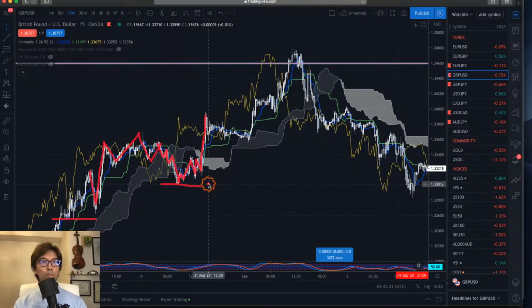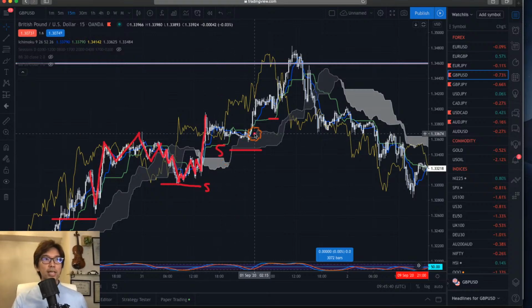So my stop loss will be here, and I trail. I keep trailing stops this way, at the recent lows, and keep trailing the profit that way until I see a decent reverse in the wave, a big reverse in the wave like this.